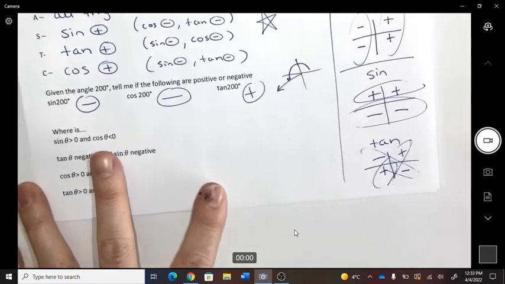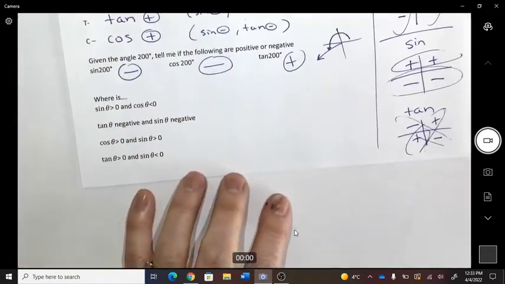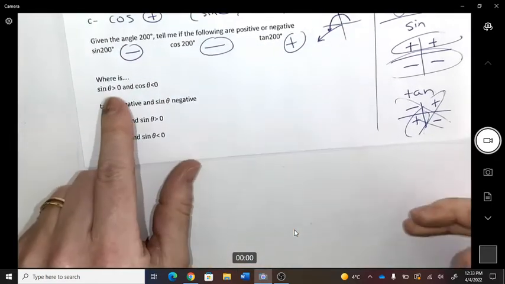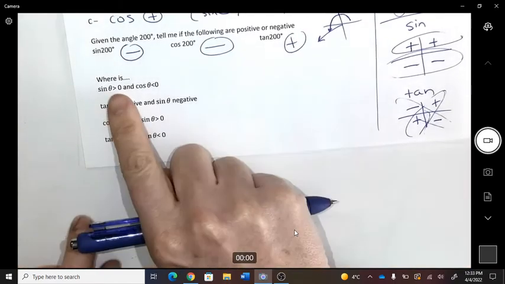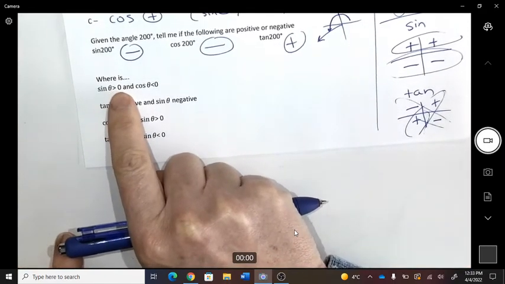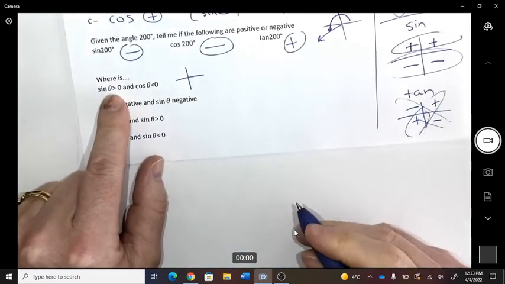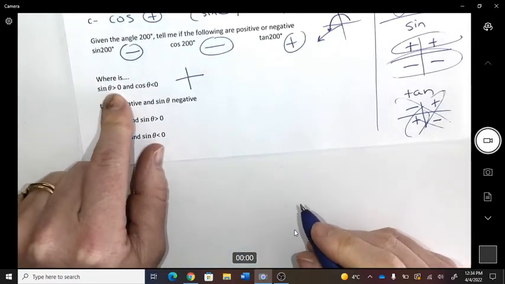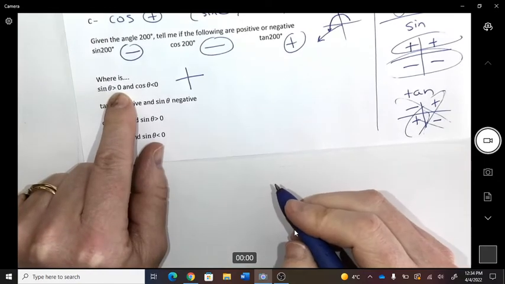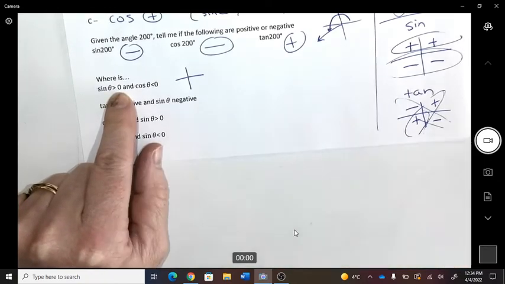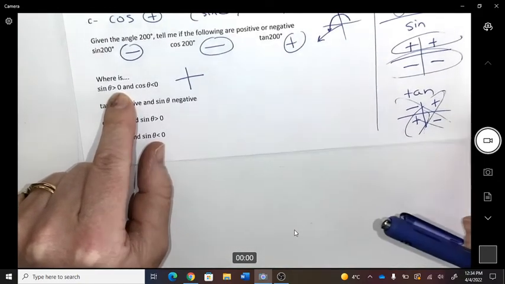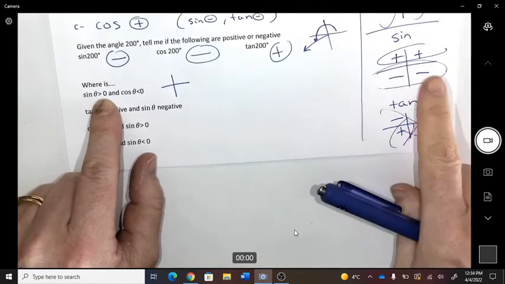So here's the next. Do we know that symbol means bigger than 0? Where is sine positive? So let's put some check marks. Do you remember what we did? We wrote it over here on our cheat sheet. Sine is positive.